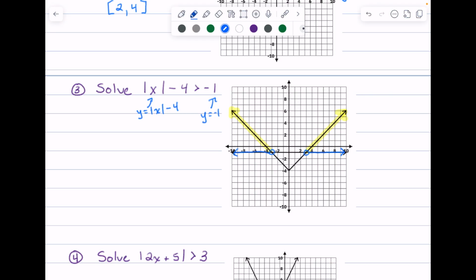So what is the answer to this? The answer to this would be x is less than negative 3, or x is greater than positive 3, right? And we can just almost in a sense copy the number line over.